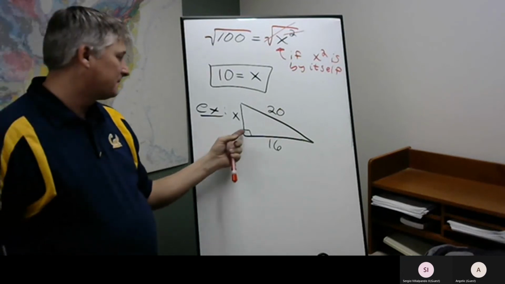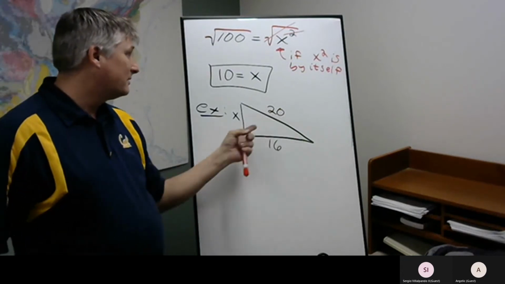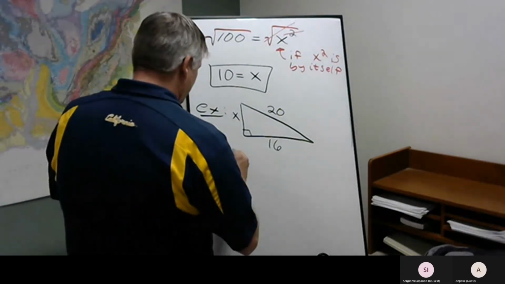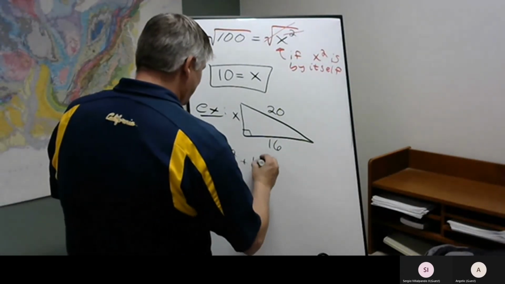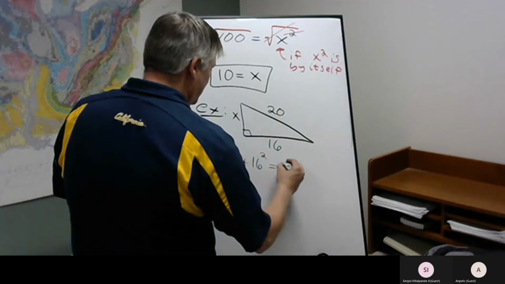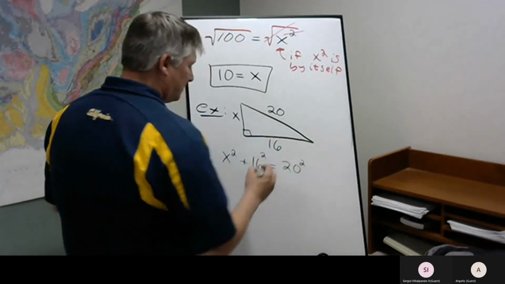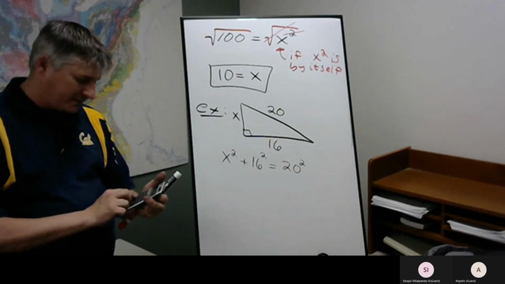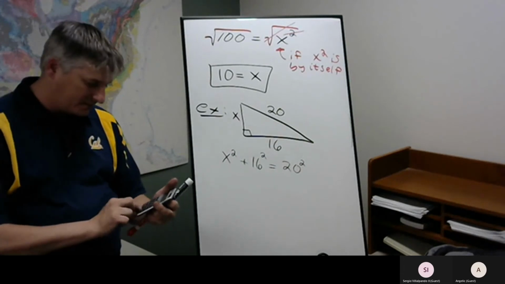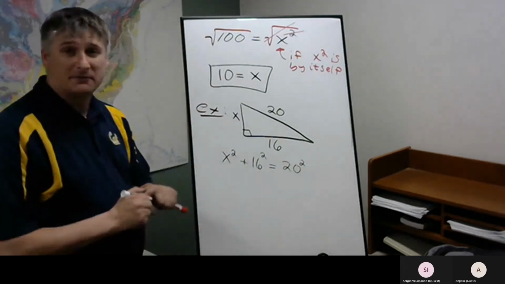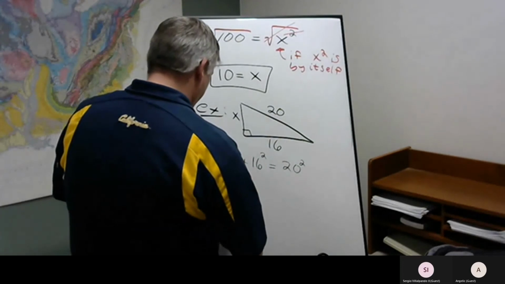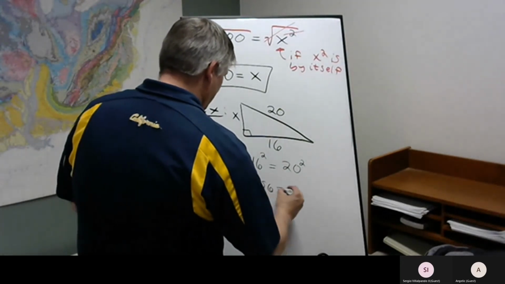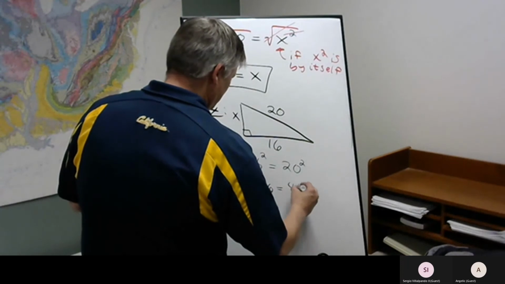Well, in this case, 20 is across from here. So that means x squared plus 16 squared equals 20 squared. Let's see, 16 squared, that's 16 times 16, or 256. So x squared plus 256 is equal to 400.